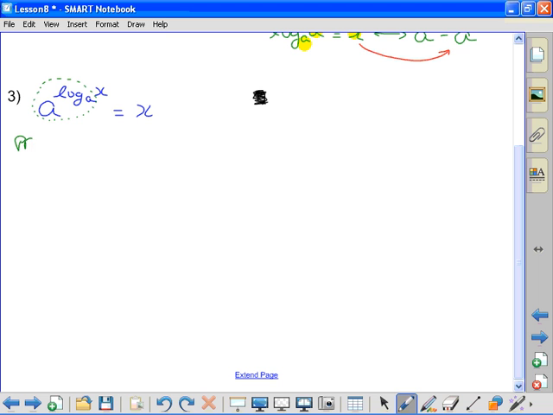So the proof here, if we rewrite this as a logarithm, because right now it's an exponential, we find that the base remains the same, and the exponent is what this is going to be equal to, equals log of the base, which was a, and of the value on the other side.